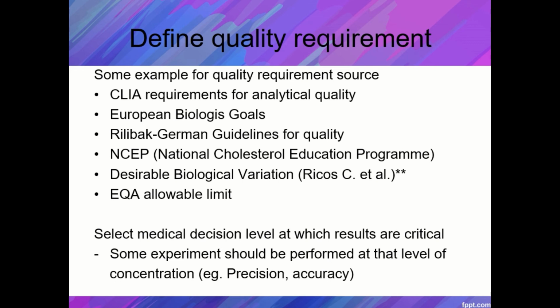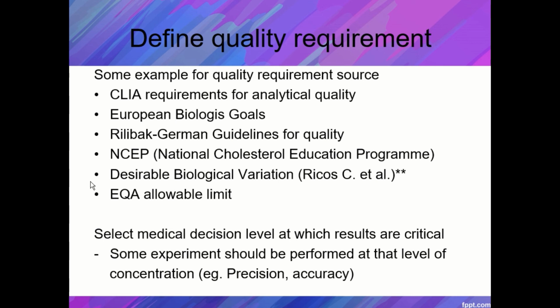So the first step of all is to define the quality requirement. So what is a quality requirement? Below here are some examples of quality requirement sources. You can get the quality requirement from CLIA, European Biological Variation, Heidelberg German Guidelines for Quality, NCEP, desirable biological variation.